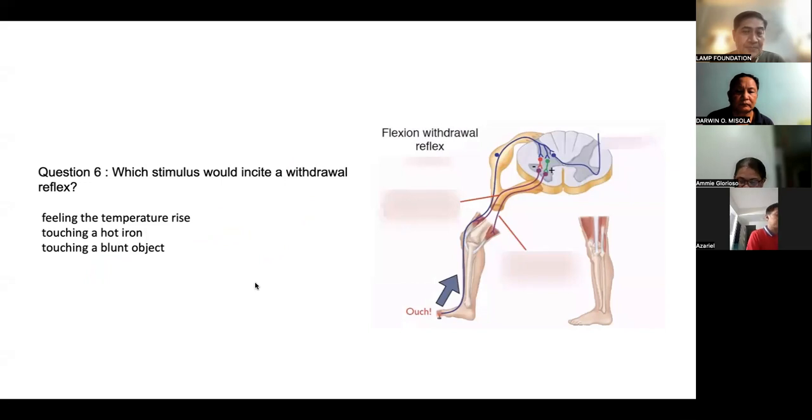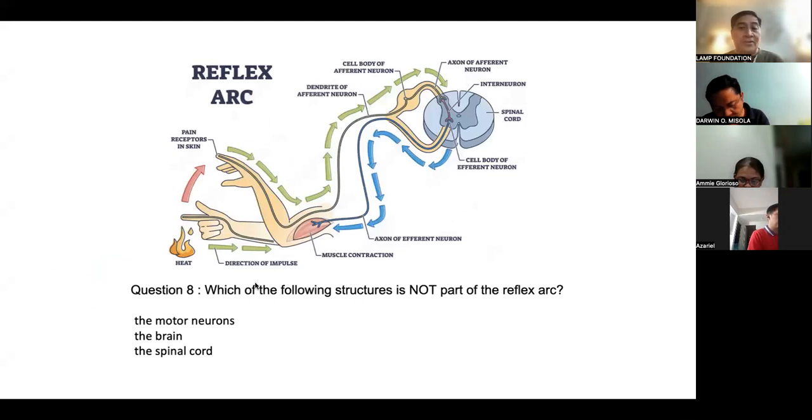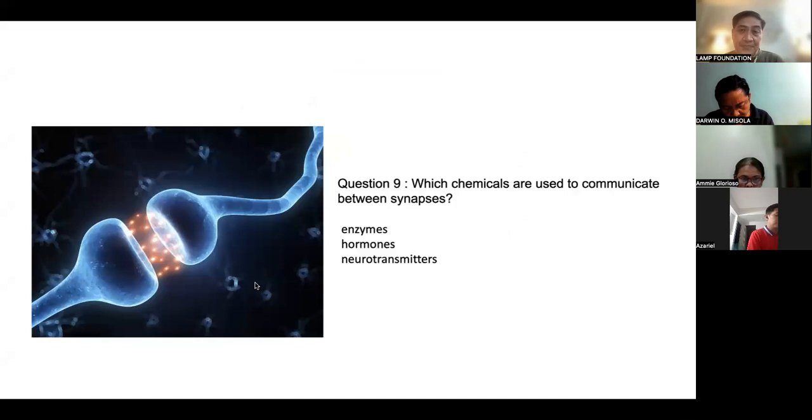By touching a hot iron. Which of these is not a reflex action? Breathing. Which of the following structures is not part of the reflex arc? The brain. Which chemicals are used to communicate between synapses? Neurotransmitters.